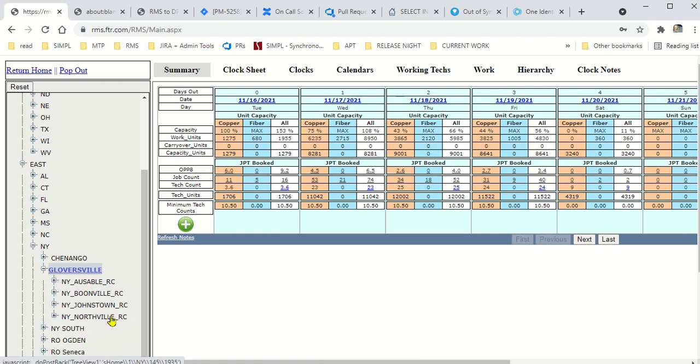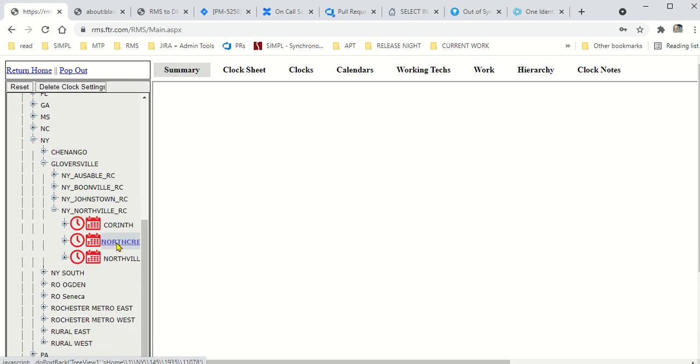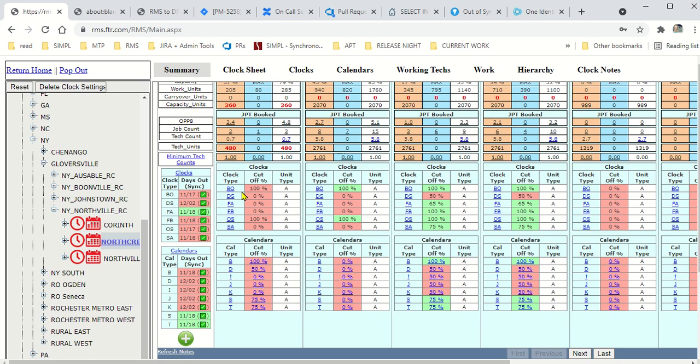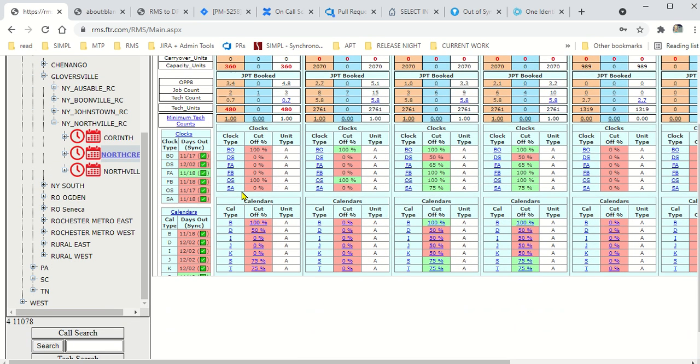North Northville? Oh, okay. Which date has the problem? Or am I looking at the wrong one? Oh, okay.